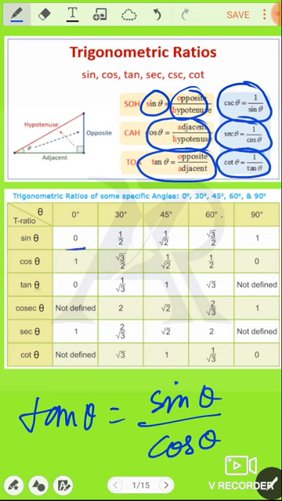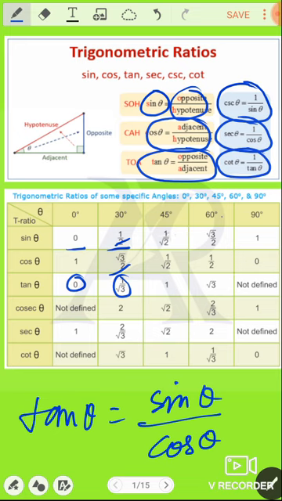That is, for tan 0, sin 0 by cos 0. Sin 0 is 0, cos 0 is 1. Therefore, 0 by 1 you will get 0. Similarly, tan 30 degree is sin 30 by cos 30. So, if you divide these two, you will get the value of tan 30. Here 2 and 2 will get cancelled. You will be left with 1 by root 3. That is the value of tan 30.